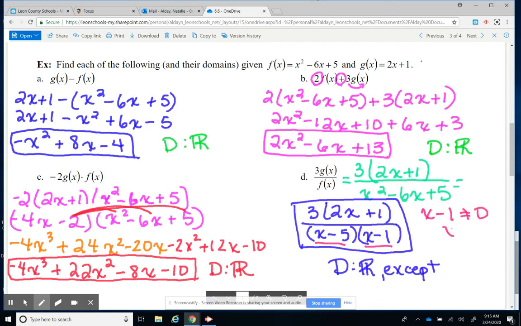So when you add 1 to both sides, x cannot be 1, and the same thing with x minus 5. You say it cannot be 0, and when you add 5 to both sides, x cannot be 5. So for the domain, it says all real numbers except 1 and 5.